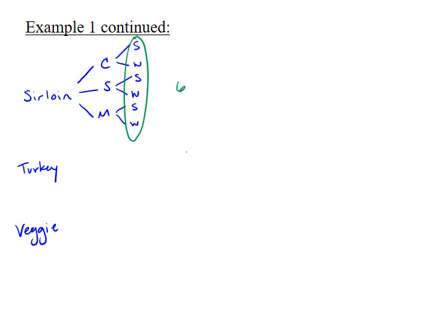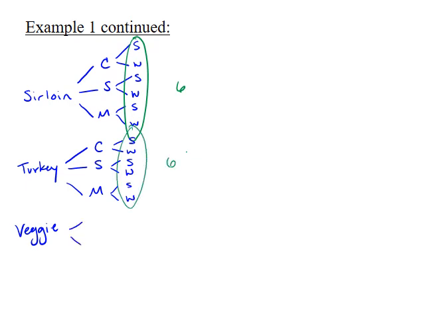That would be 6. Well, the same thing can happen with a turkey burger. Maybe you choose turkey instead. Well, if you choose turkey, you still have 3 cheese choices, but then you have 2 bun choices as well. So this one has 6 choices.